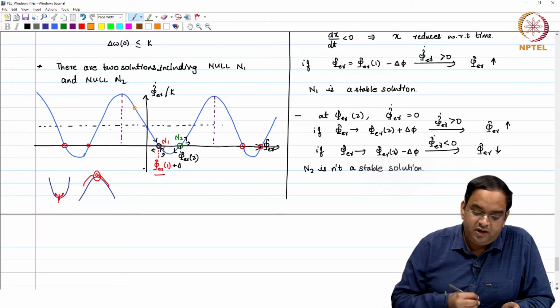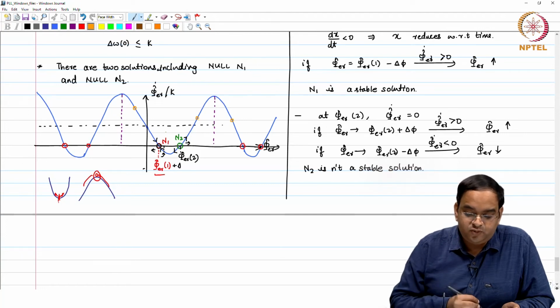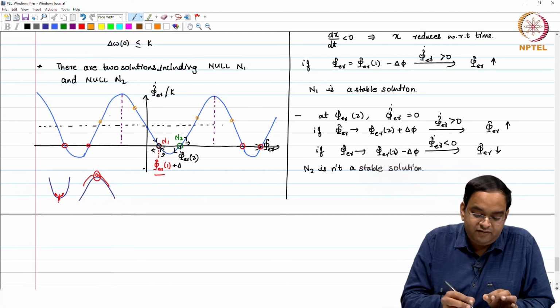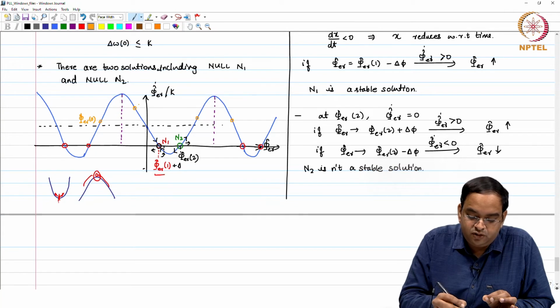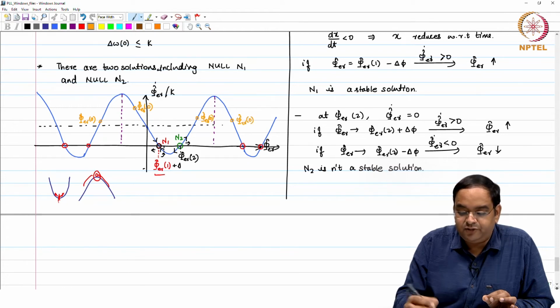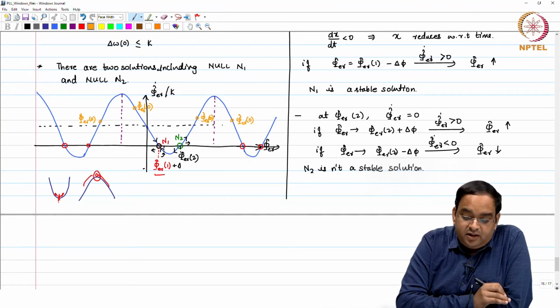I can start from here, I may start from here, or I may start from only this point. These are the initial phase offsets which you can start with. So, if I call this phi error 0, this can also be phi error 0, this can also be phi error 0 and this can also be phi error 0. Okay. So, you can start from any point.